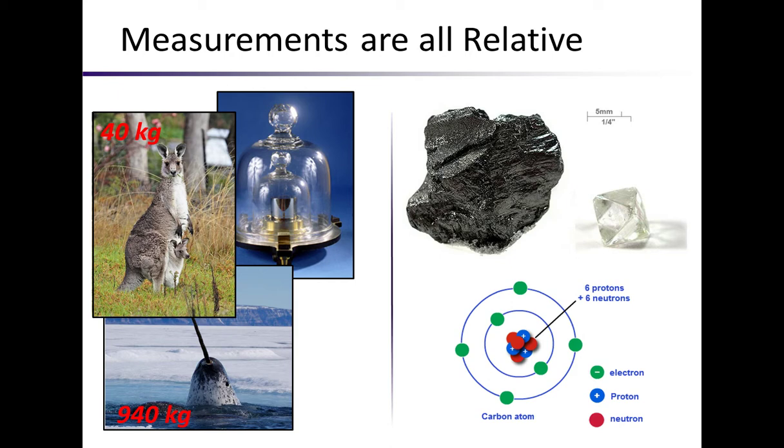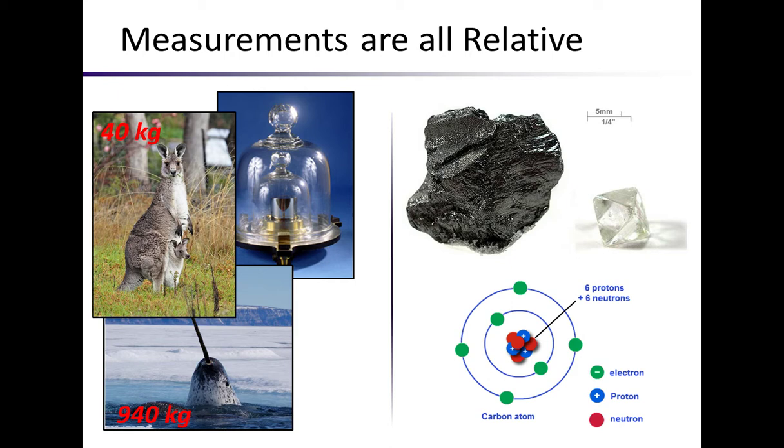Everything is relative. So, for example, weight. Weight is just relative to this block of metal that weighs 1 kilogram. We just have a 1 kilogram piece, right? And so if we want to measure a narwhal or a kangaroo, that's all relative to this block that's kept super safe under double-chambered glass.